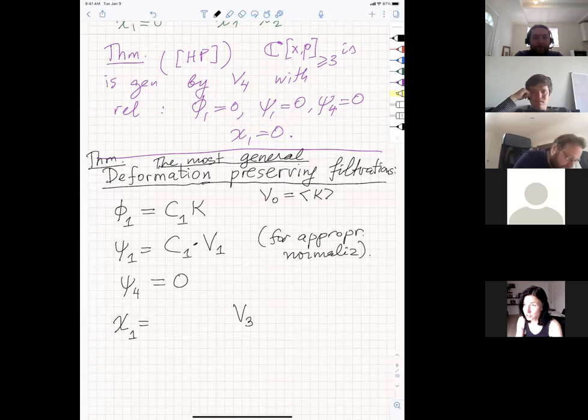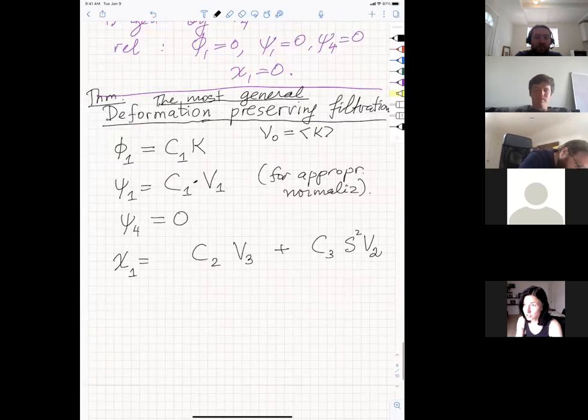This is one thing, and another thing you can do is take the symmetric square of V2, and they come with two coefficients. These coefficients are also not independent. Let me call them C2 and C3. And so we have some relation.